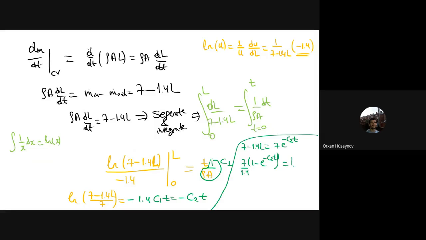As a result, L will be equal to 5 times 1 minus e to the negative C2 times T. If there are any questions, you can tell me. But this is the final result.